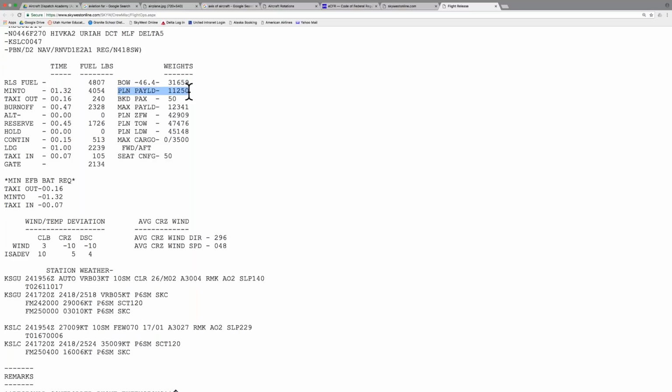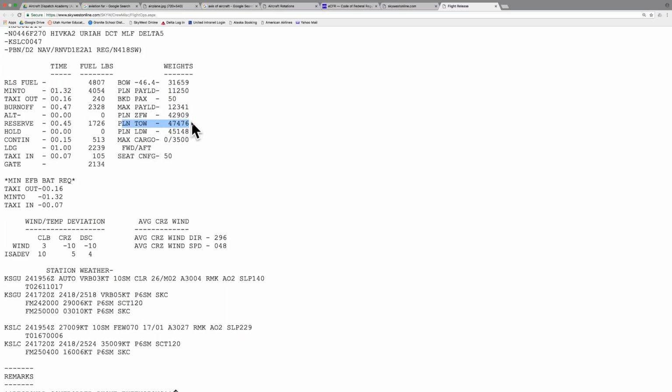The planned payload is how much the passengers and the bags will weigh. This max payload is what we can put on the aircraft and still stay within our center of gravity and everything like that. So the zero fuel weight is the weight of everybody on board the aircraft, but no fuel on the aircraft.